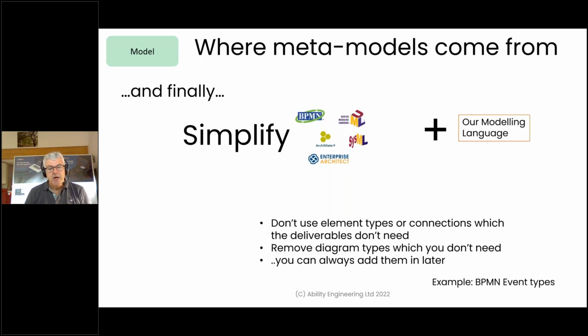So avoid trying to put in extra stuff that you think might be useful, whether they're new element types or connections, because you're doing it with the purest of motives. You're doing it because you want to be nice to people and kind to your future colleagues and your current colleagues, but don't do it.